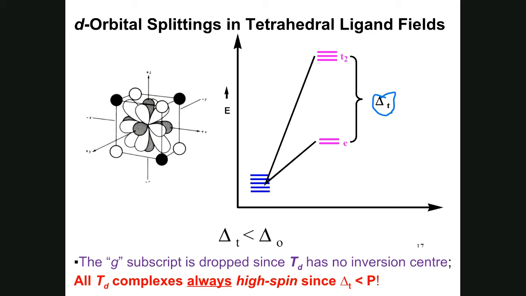And because delta T is caused by 4 ligands, it is actually smaller than the same splitting that is caused by 6 ligands, the same ligands with the same metal. If the ligands are decreased to 4, as we've seen, you will get less than the amount of the splitting. And as a result of the small splitting in a tetrahedral environment, all your tetrahedral complexes would be high spin.